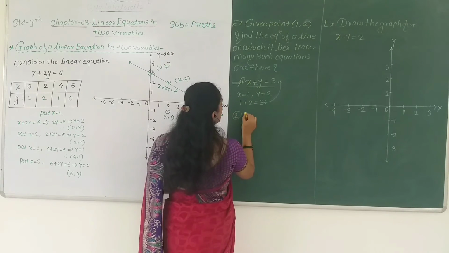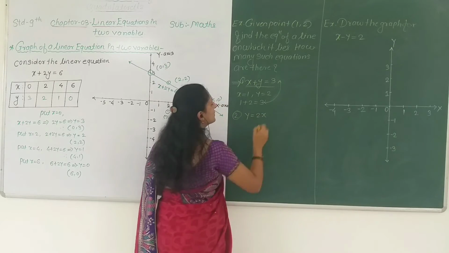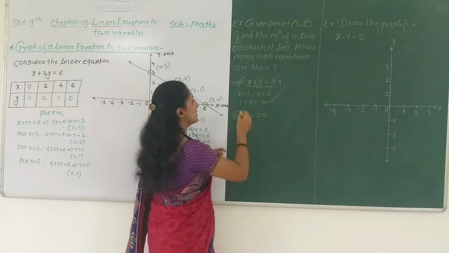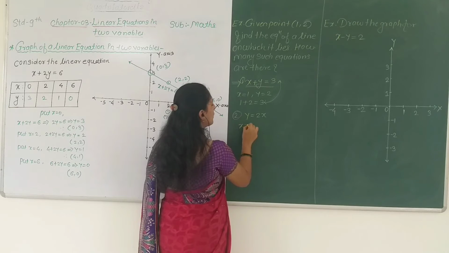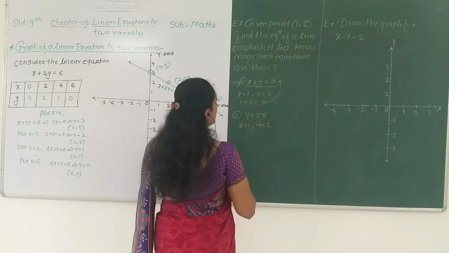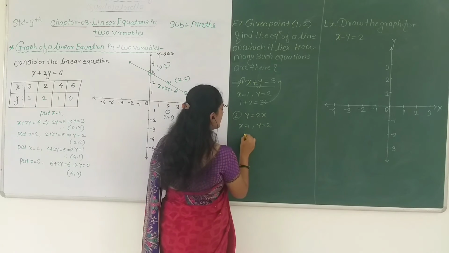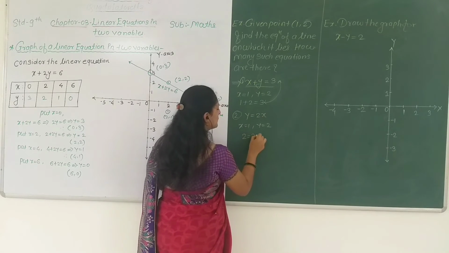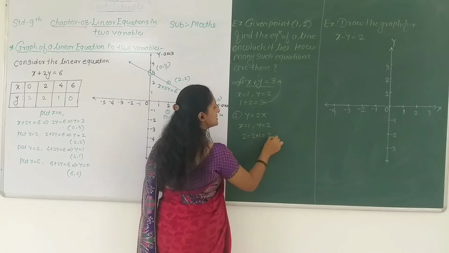Second one is y is equal to 2x. Let us check. Put x is equal to 1 and y is equal to 2. The value of y is 2 and x is 1, so 2 into 1 is 2. 2 is equal to 2.